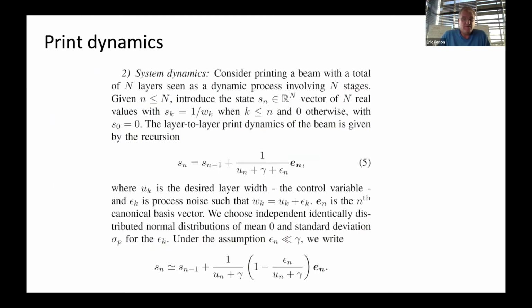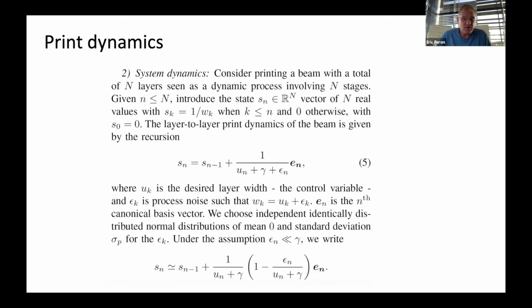Without any further detail, let's talk about the beam building dynamics. So the key is to be able to capture the beam's building dynamics as a linear system. So how does it work?